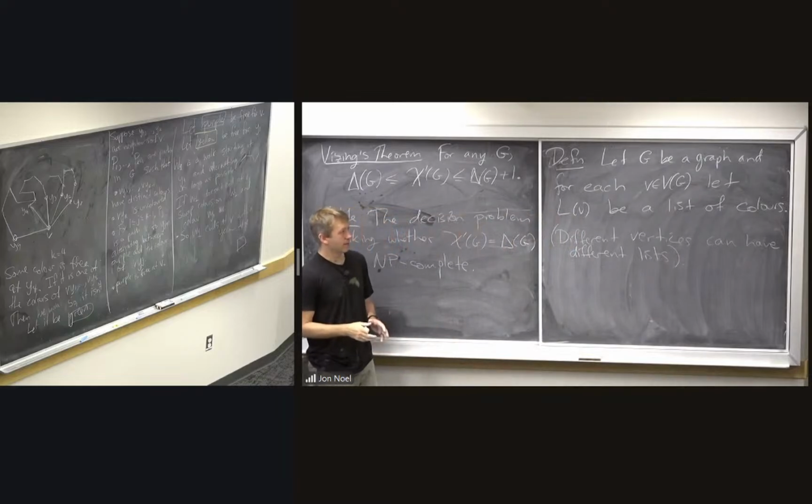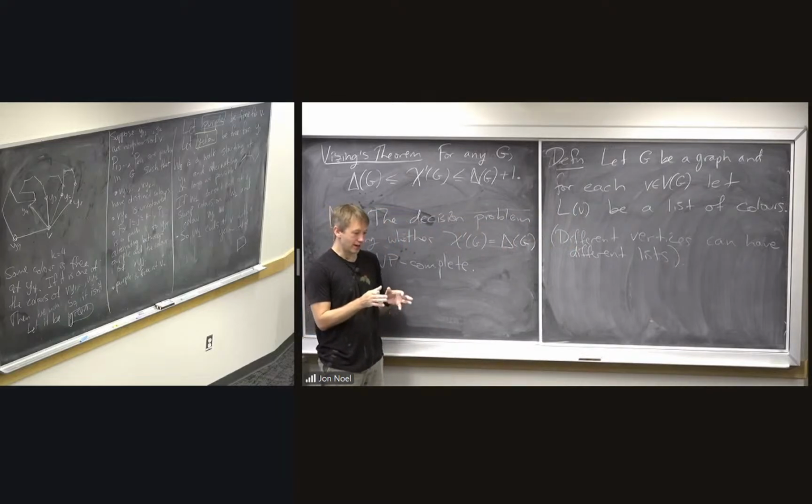Okay. The idea in list coloring is that different vertices have different colors available to them. Each vertex has to pick a color from their personal list, and you have to have a proper coloring.